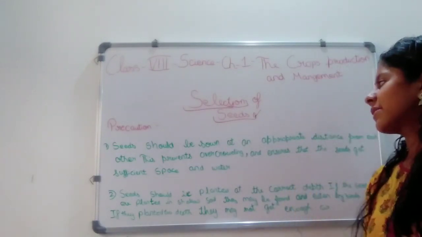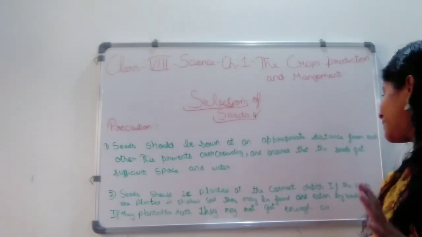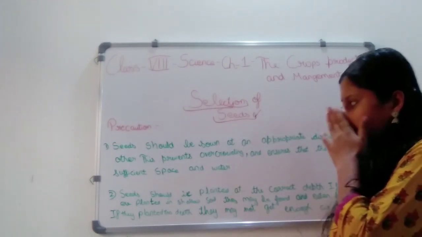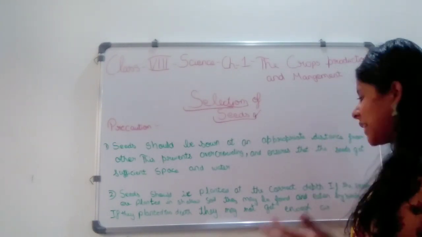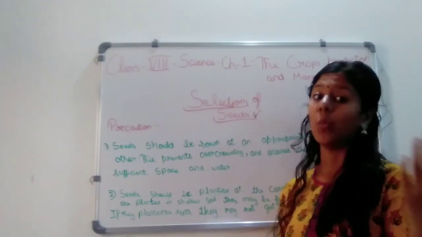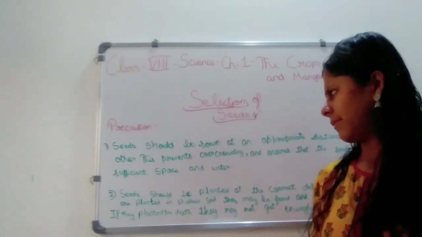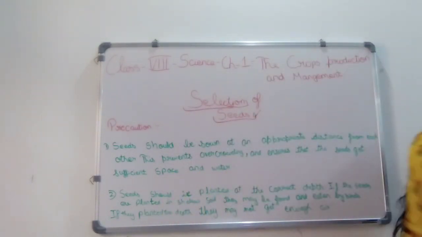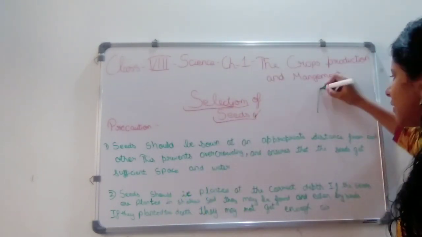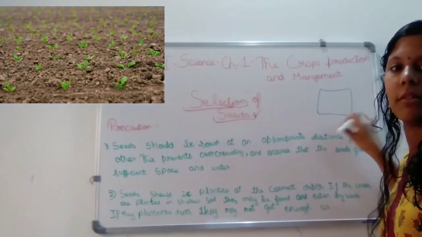So now precaution. The seeds should be sown at an appropriate distance from each other. This prevents overcrowding and ensures that the seeds get sufficient space and water. Like I'm a farmer and I have this much of land. Okay.